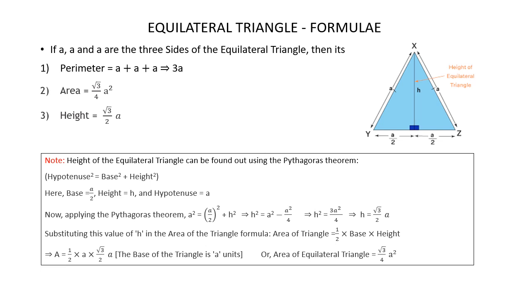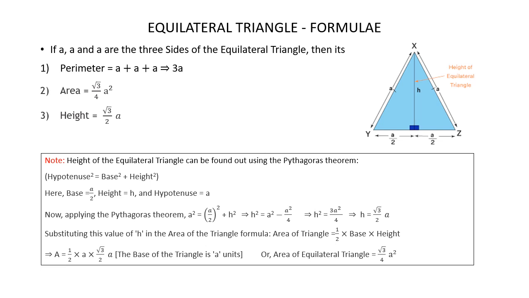Now here we have considered YZ as the base. Now if we draw a perpendicular from the vertex X to the base, then this perpendicular is the height of the equilateral triangle. Now this perpendicular divides the equilateral triangle into two equal right angle triangles.